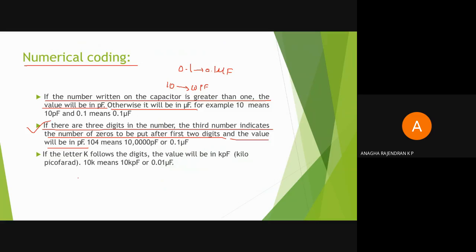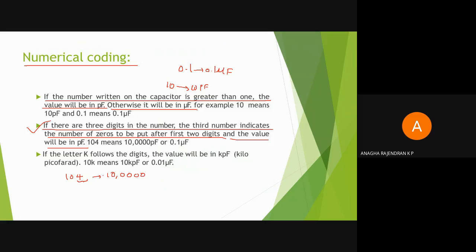The third digit indicates the number of zeros to be put after the first two digits. For example, if 104 is the numeric code on the capacitor, then its actual value can be determined by following this point. We write the first two digits first, 1 0, and the third digit, the number 4, means that we have to put 4 zeros after the first two digits.